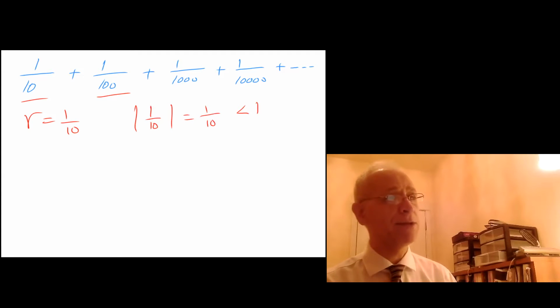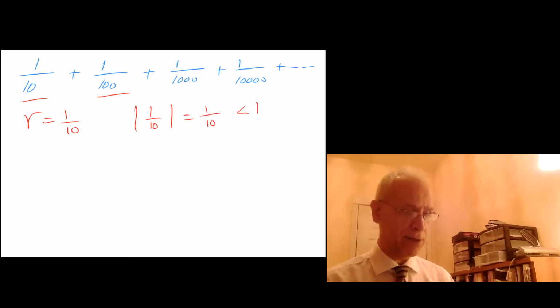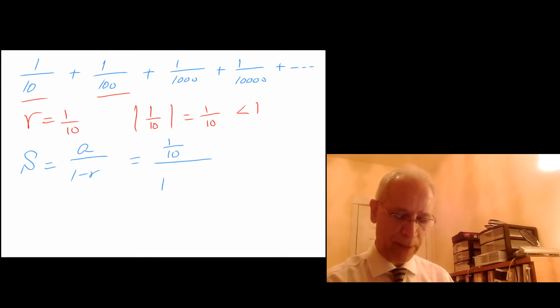This geometric series converges. But what does it converge to? Let's find out. S equals a over 1 minus r. So that equals the first term, 1 over 10, divided by 1 minus the common ratio, which is 1 over 10.